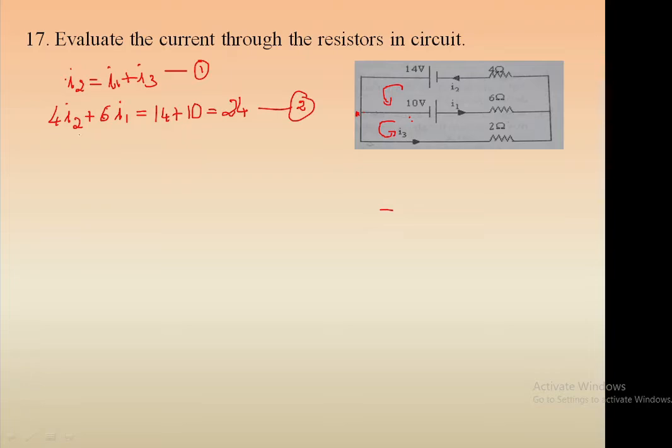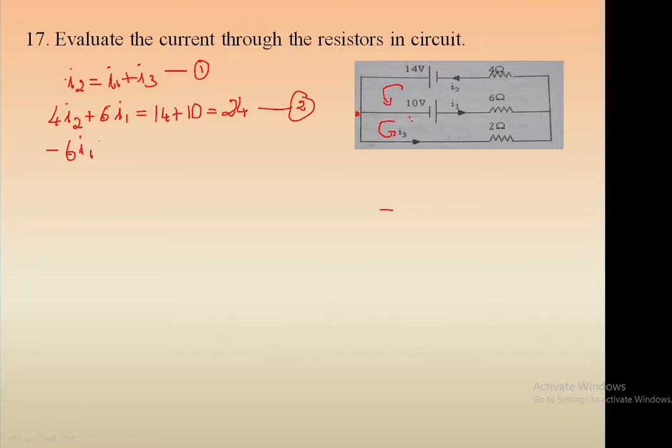Now we apply the loop rule in the lower loop. Here I1 is in the opposite direction, so negative 6I1, and I3 is in the positive direction, since we are taking the anti-clockwise system.